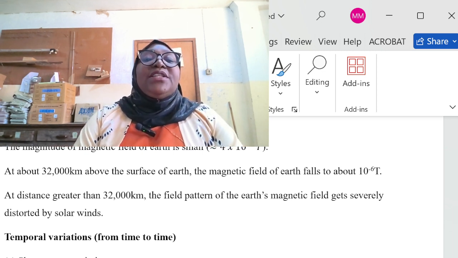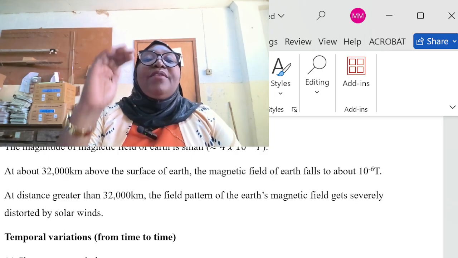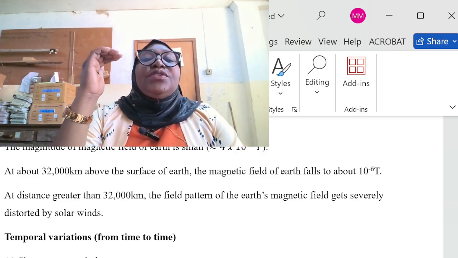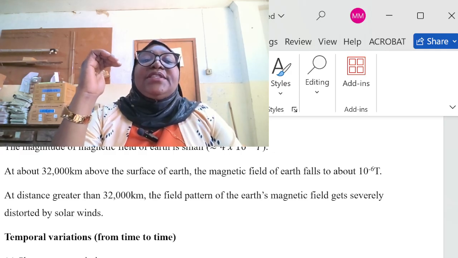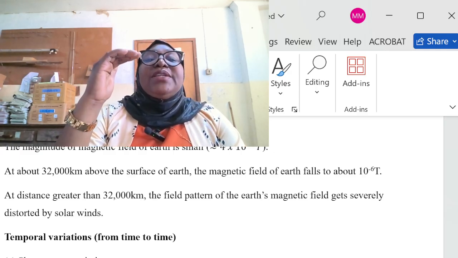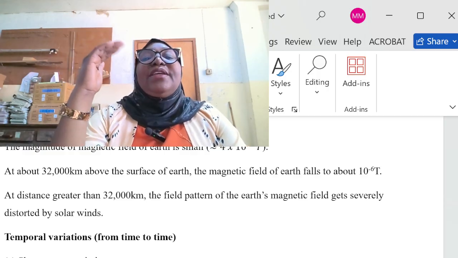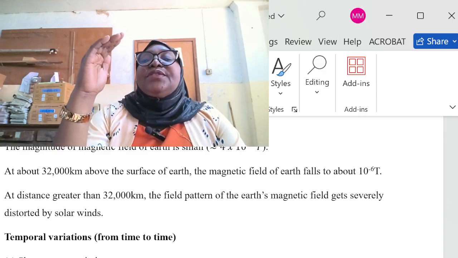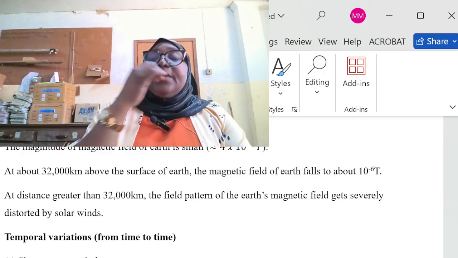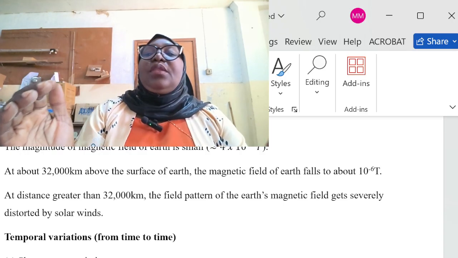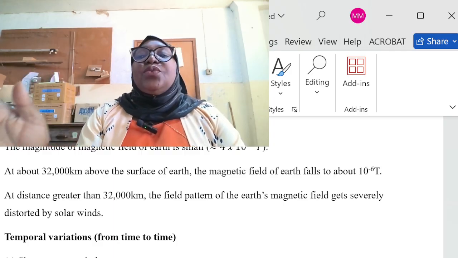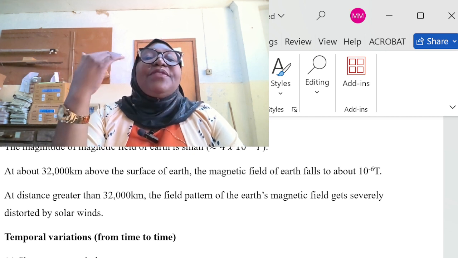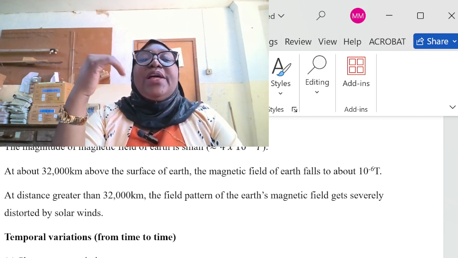At about 32,000 kilometers above the Earth's surface, the magnetic field falls to about 10 power negative 8 Tesla. At a distance greater than 32,000 kilometers, the field falls to approximately zero, as it gets severely distorted by solar winds.